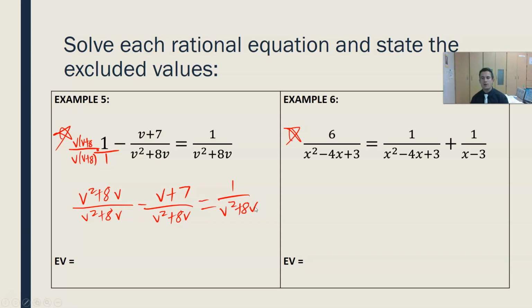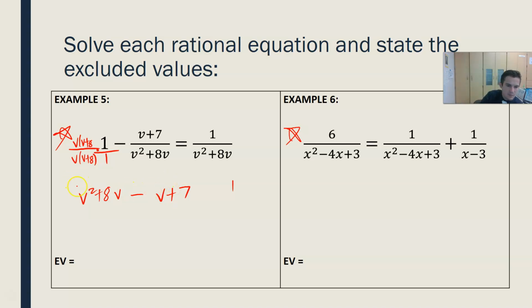So now all of those rational expressions have a common denominator, so I can ignore them. I'm only going to work with the tops of these fractions now. So I have v squared plus 8v minus (v plus 7), and let me make sure to put these in parentheses, equals 1.